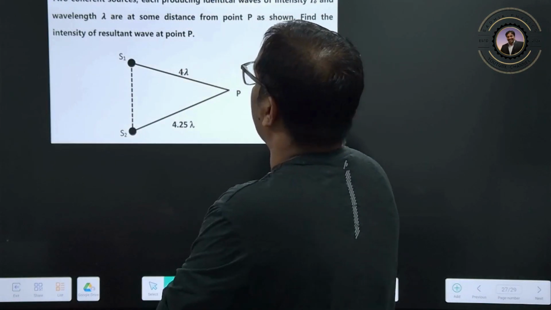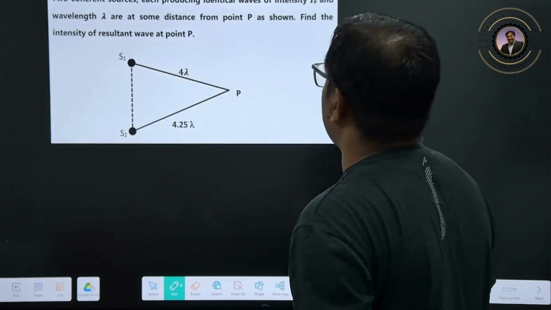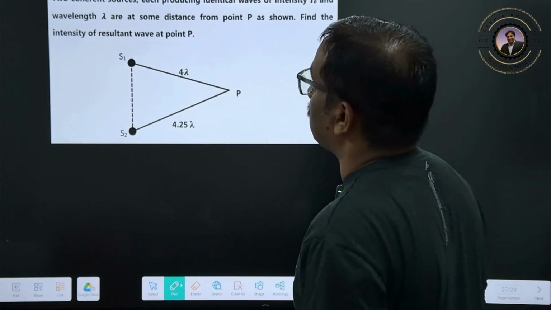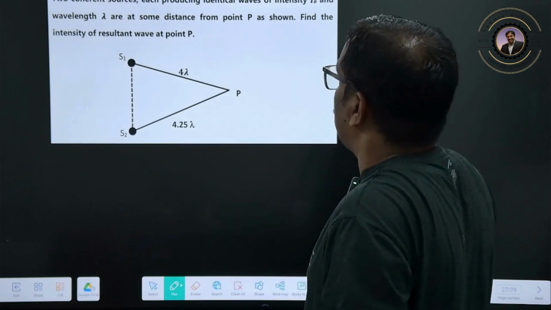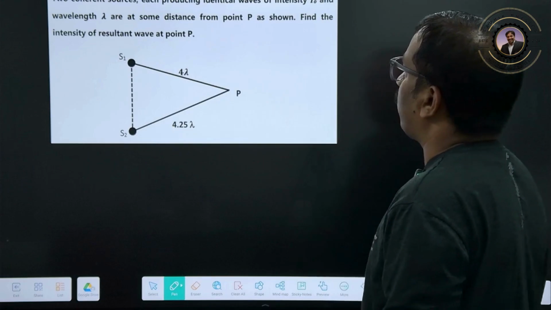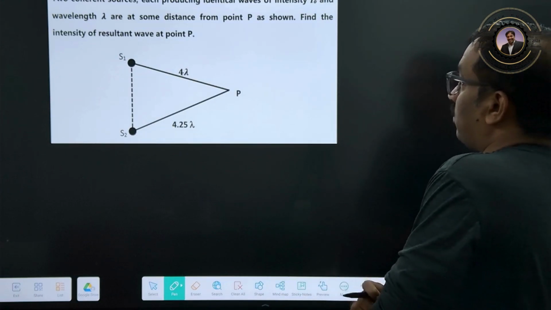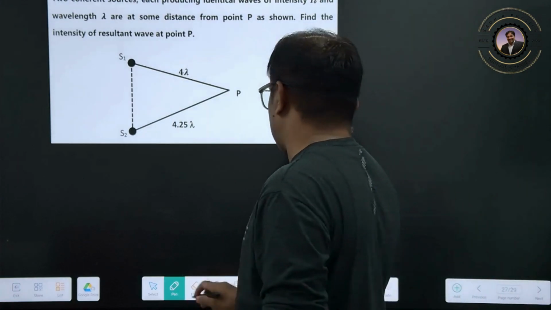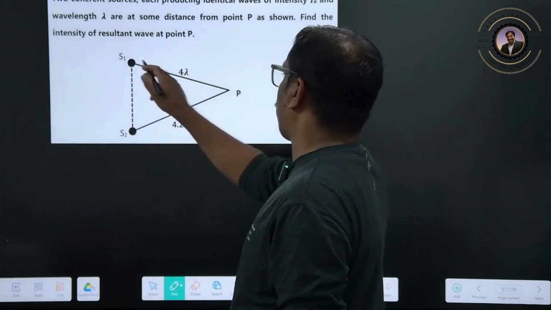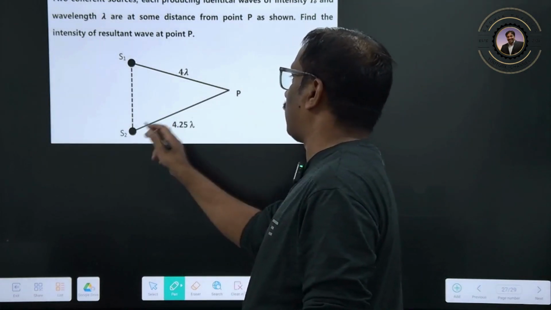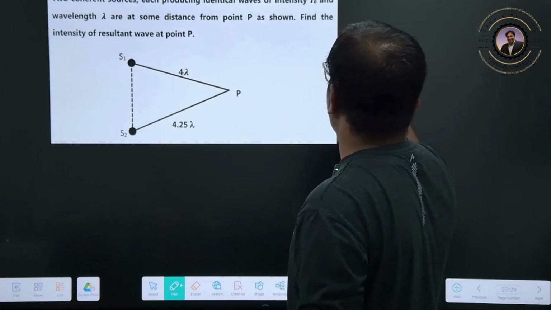Two coherent sources, each producing identical waves of intensities I naught, and wavelength lambda, are at a distance from a point P as shown. We want to calculate the resulting intensity at the point P. See here, this is traveling 4 lambda distance, this is traveling around 4.25 lambda distance. We can calculate the path difference.